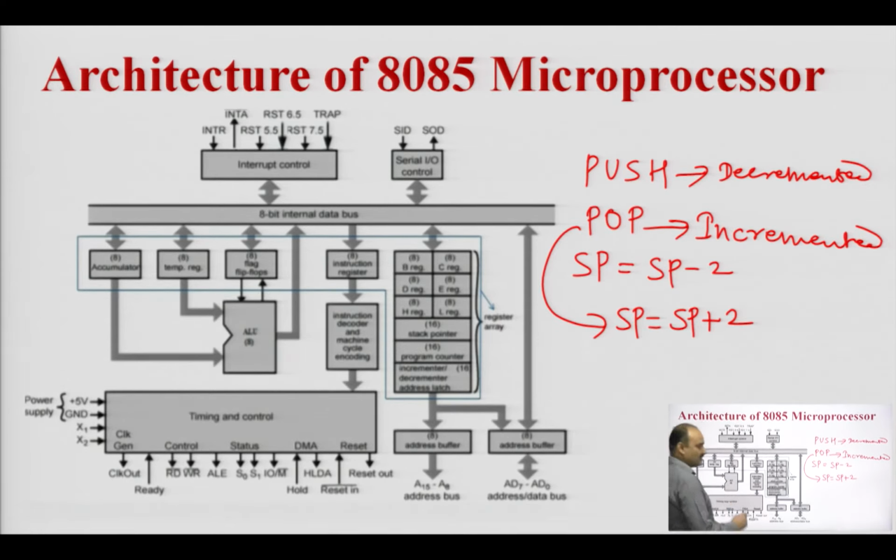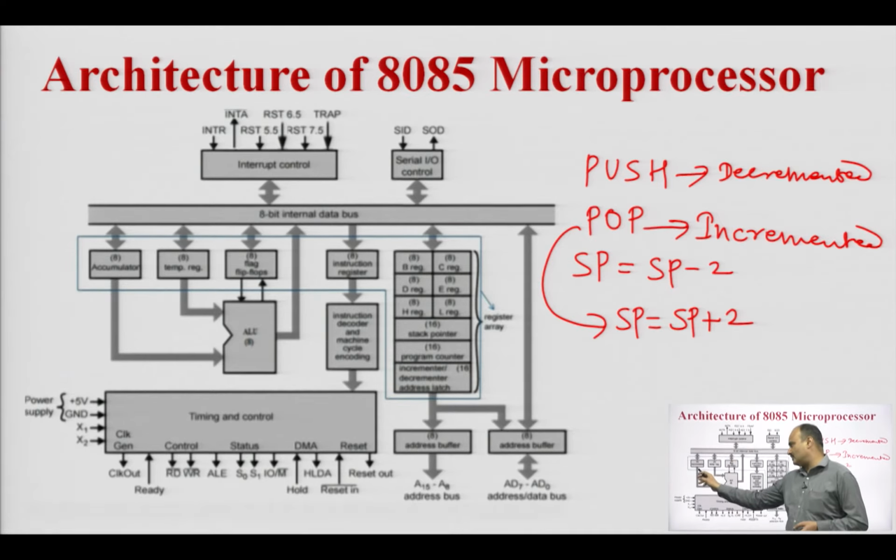The ALU, arithmetic and logic unit, performs the arithmetic and logical operation between these two operands supplied from the accumulator and the temporary register. The result of the operation is stored back into the accumulator. So, this is the complete flow whenever the microprocessor executes an arithmetic or logical operation.